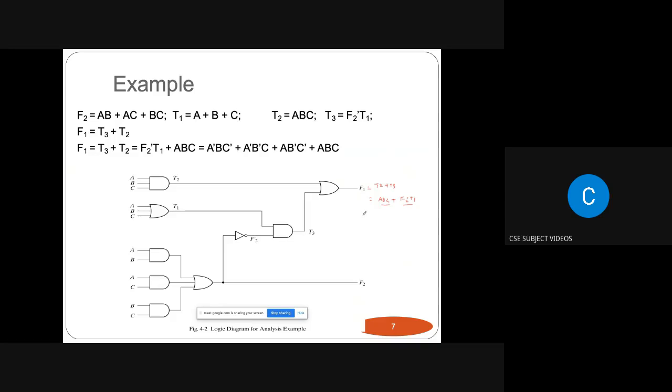So here ABC can be considered as such, it is ABC, and F2 is AB plus AC plus BC whole dash into T1. T1 is A plus B plus C. So it is into A plus B plus C.